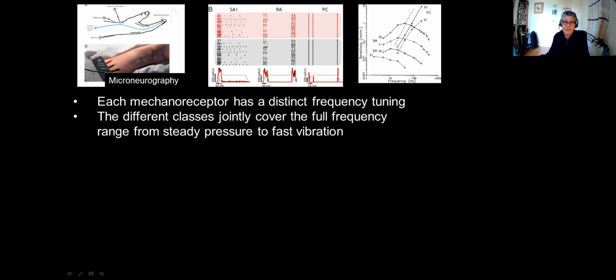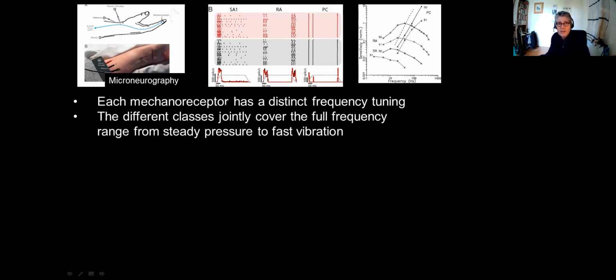And you can see that the SA1 fires during the sustained pressure, the RA1 fires at the onset and the offset, and the Pacinian really just fires at the transient. It just fires when there's a sudden change in the skin pressure. And you'll remember the Pacinian is a deep receptor. So probably what's happening is that when you touch the skin, you produce shock waves that propagate down into deep layers and trigger the Pacinian.